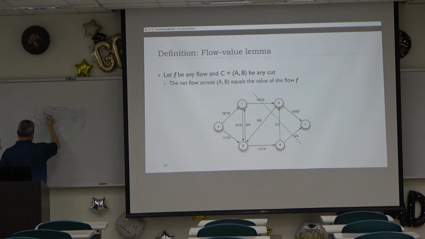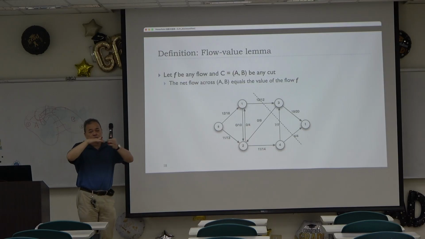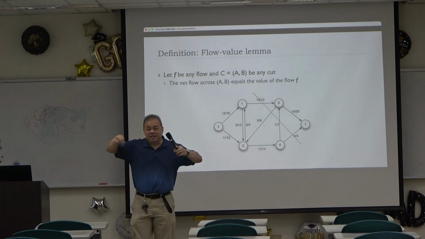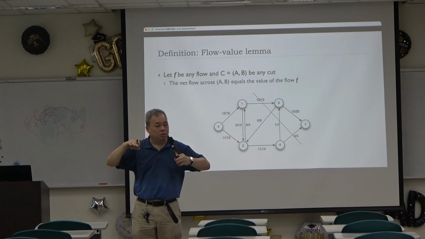Some of the outgoing edges may go to B, some of the outgoing edges may go to A. By the way, as I said, the flow in incoming edges minus the flow in outgoing edges should balance each other, right?